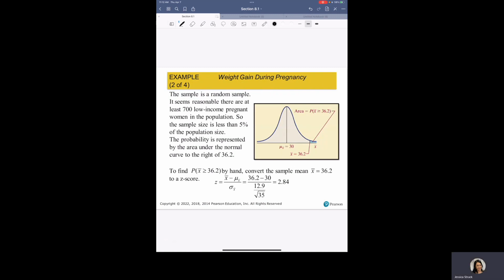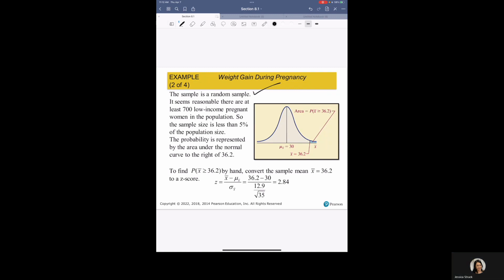So the sample is random. That's the first check mark assumption that we need to make before I even start: is this a random sample? Yes. Also, is the sample size less than 5% of the population size?